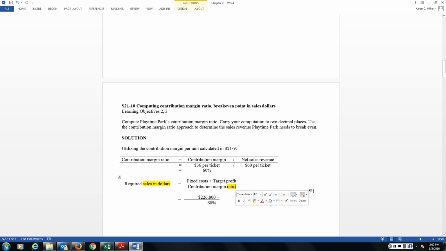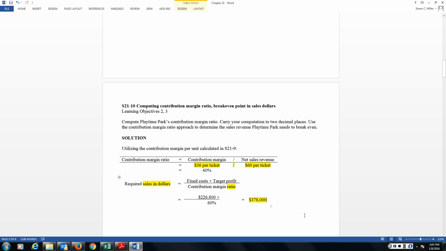How do I get contribution margin ratio? Very similar to how we would calculate gross profit margin ratio. It is simply our contribution margin per ticket divided by our price per ticket. So my contribution margin ratio is 60%. 60% divided into my total fixed cost of $226,800. We have 0 for target profit, even though it's fallen off our list here. I calculate $378,000 in sales dollars that I need to break even.